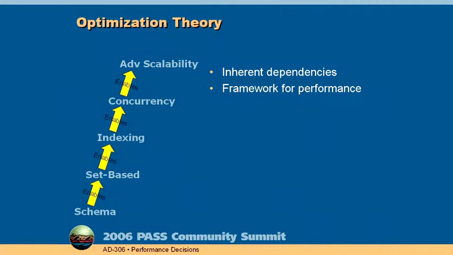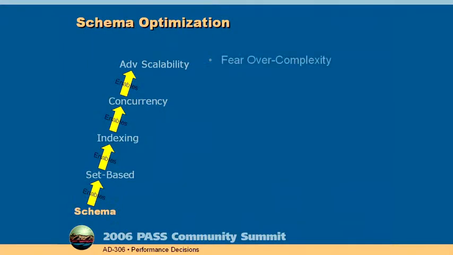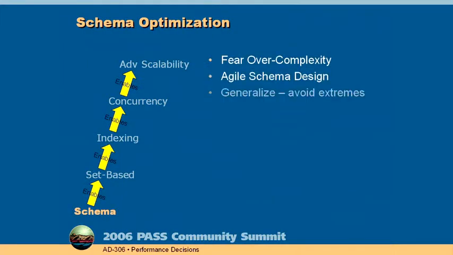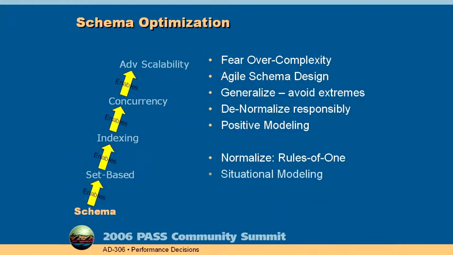So optimization theory is a framework for performance and a way to understand and repeat good performance from one project to another. It begins with the schema, and the best practice of optimizing the schema is to completely fear overcomplexity.